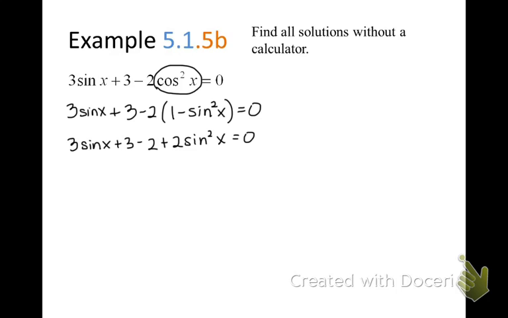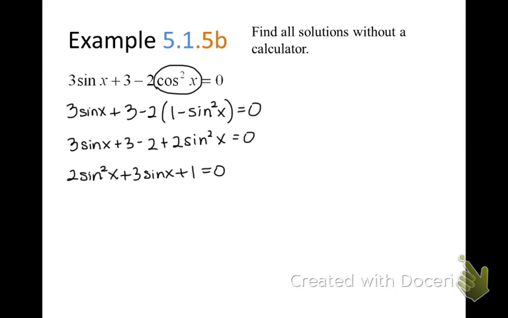Now I'm going to put that in quadratic form because it looks quadratic. So I can write this as 2 sine squared of x plus 3 sine of x, and then I can combine my 3 minus 2 to be plus 1.